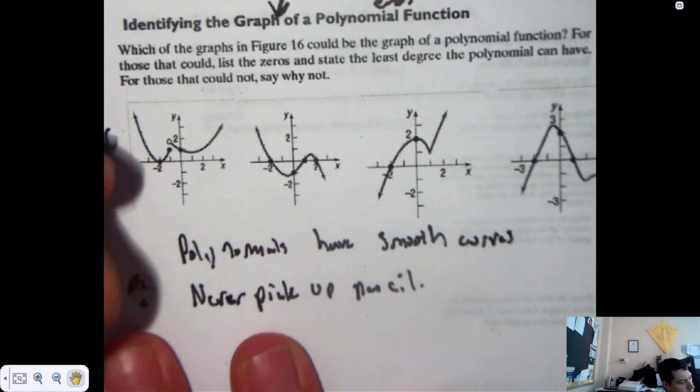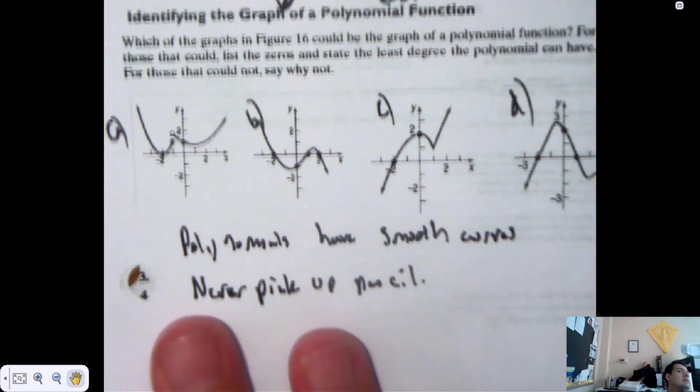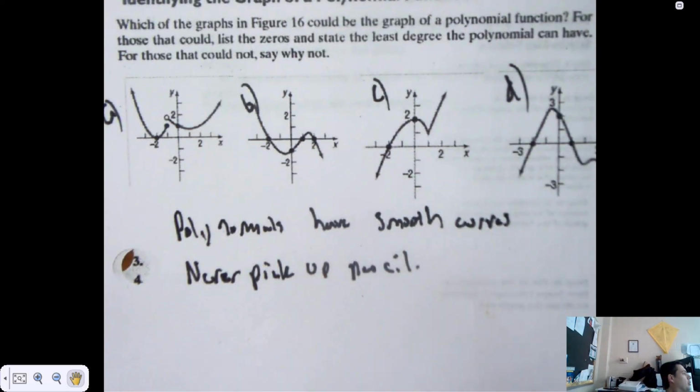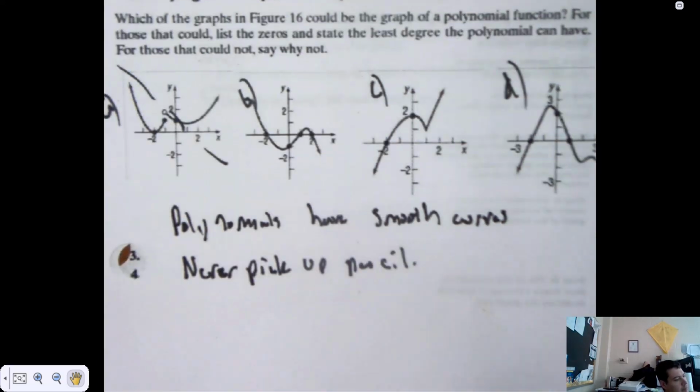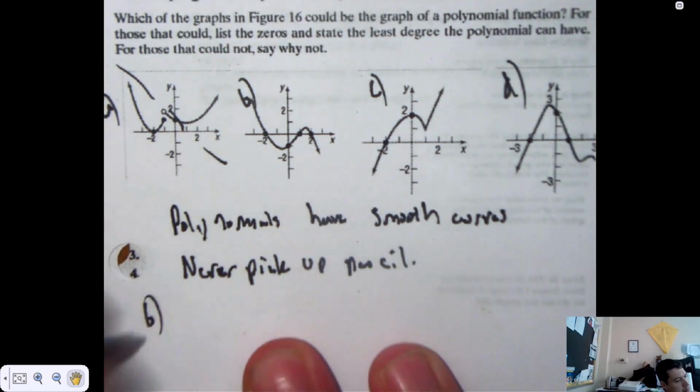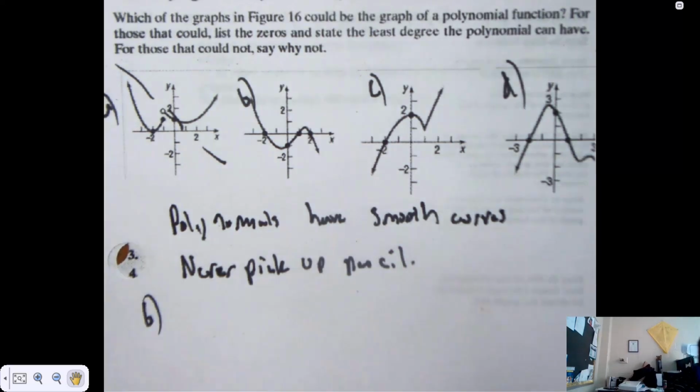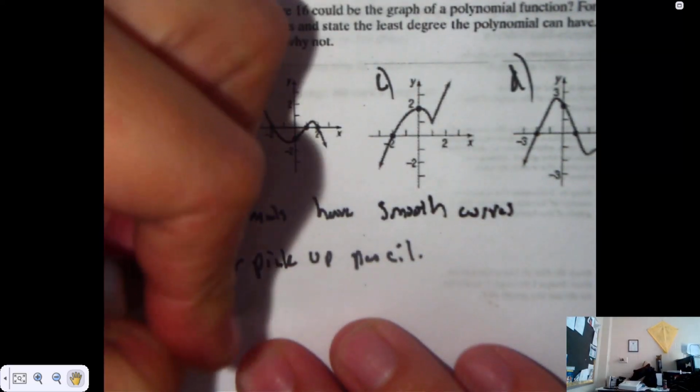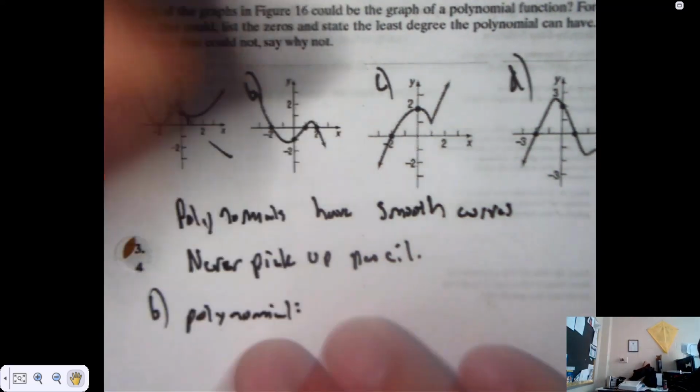Let's go ahead. I'm going to label these A, B, C, and D. Is A a polynomial? Nope. Why not? You had to jump. You got that gap in there. Is B a polynomial? Yeah. B is a polynomial.